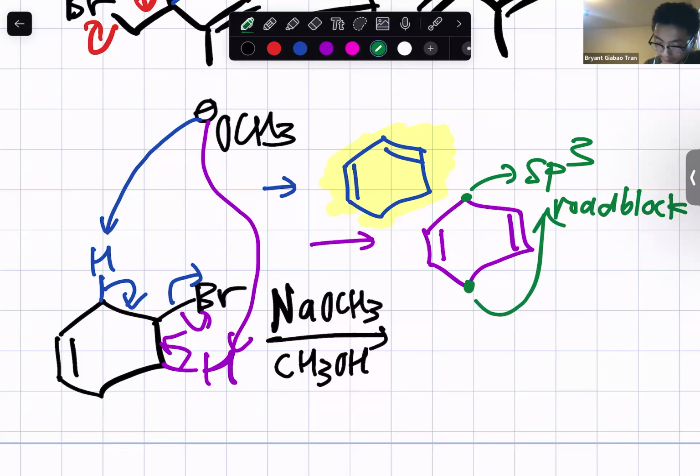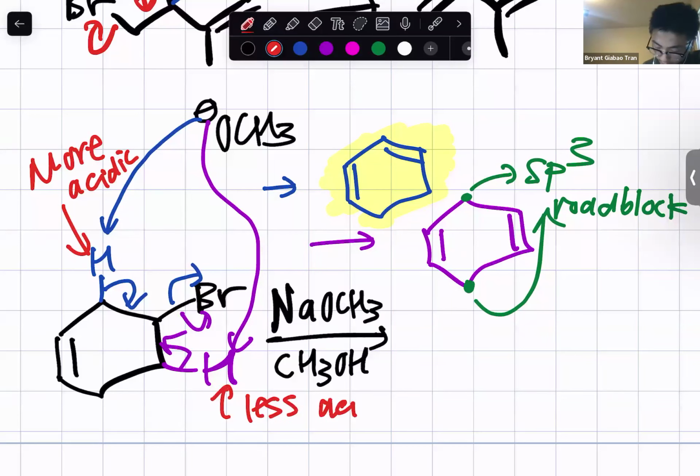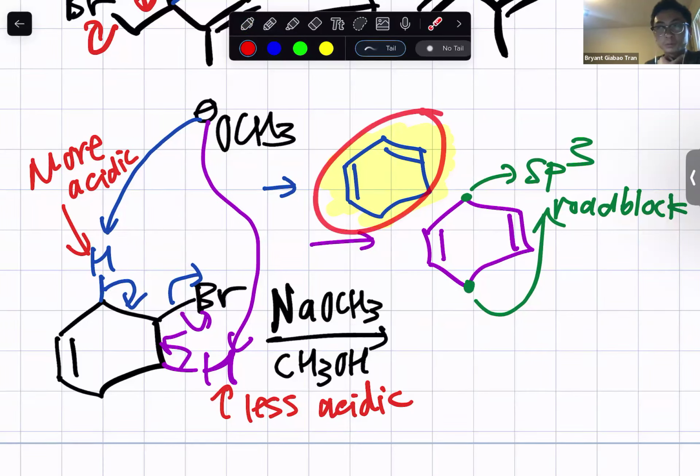So that means that this blue hydrogen here is more acidic than this purple hydrogen because that blue hydrogen gives us the more stable product. Right.